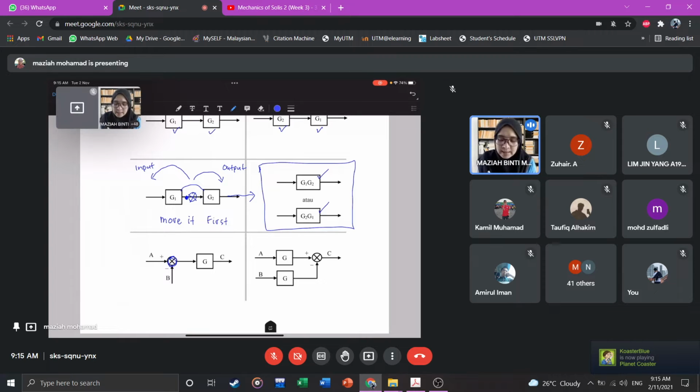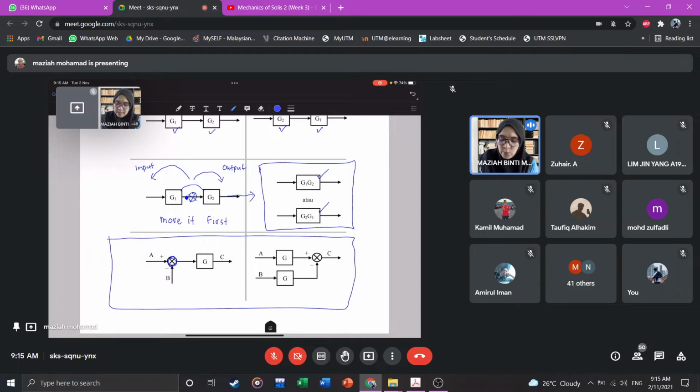For this rule, this is when you move the summation point toward the output. Here you can see you move toward the output. So now the summation point is after the G block, because you move over G toward the output.